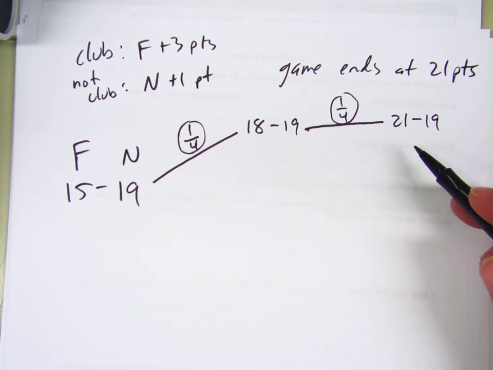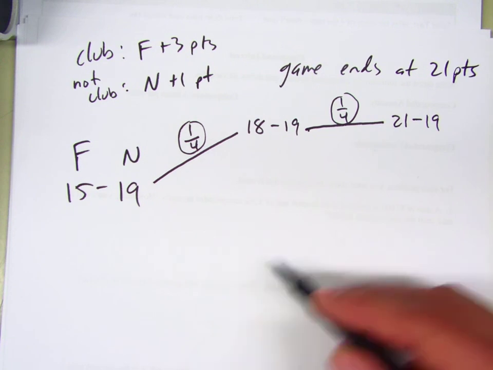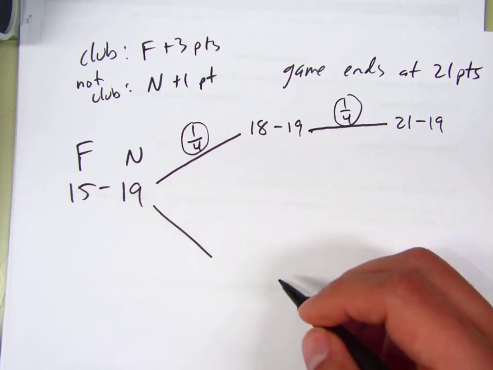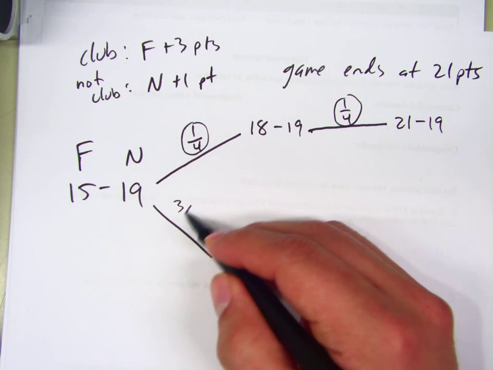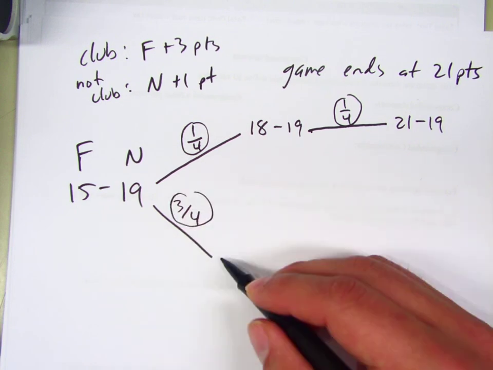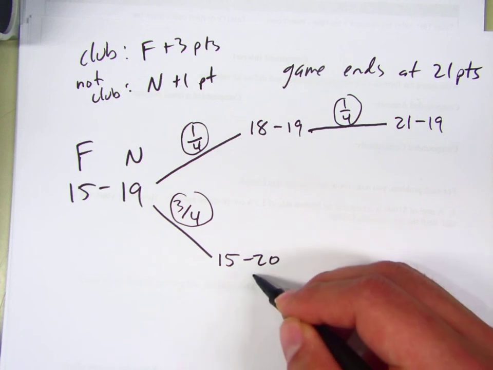Does that make sense? Is it possible for Ned to win the next one and then Flossie to still win in the end? So if Ned wins the next draw, that happens 3/4 of the time, right? And now what's the score? 15 to 20. Can Ned win again?